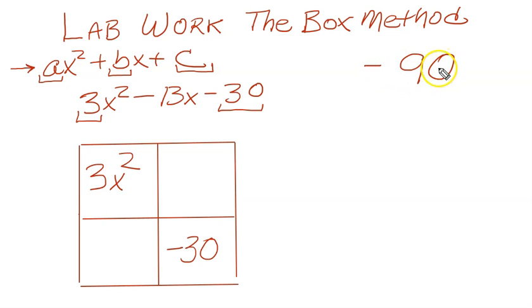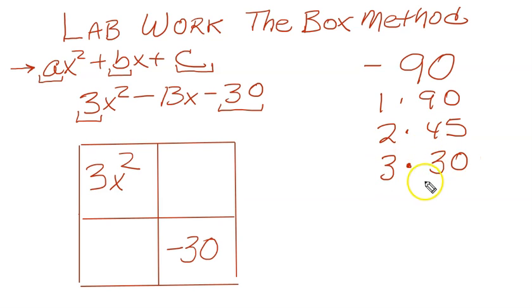What we want to do is figure out factors now of 90. Well, 1 times 90, that's not going to do anything. 2 times 45, that's not going to be a 13. Let's see, 3 times 30, no. Now how about 5 times 18? 5 times 18, the difference is 13.